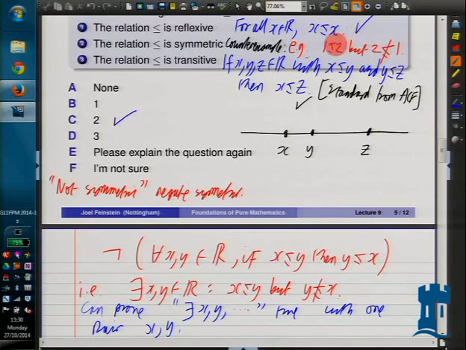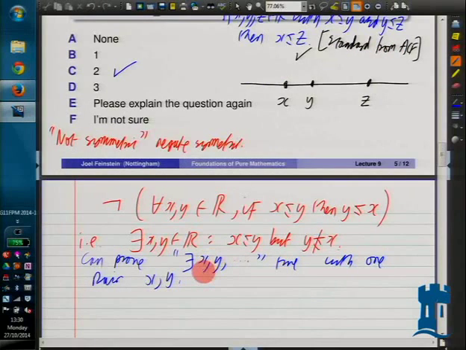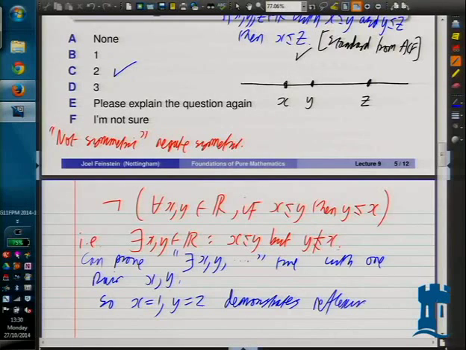And the example we've gone for is x equals 1, y equals 2. That demonstrates that symmetry fails. I'll see if I can think of a more mechanical way of negating that statement, because that's otherwise a bit tricky. Okay.